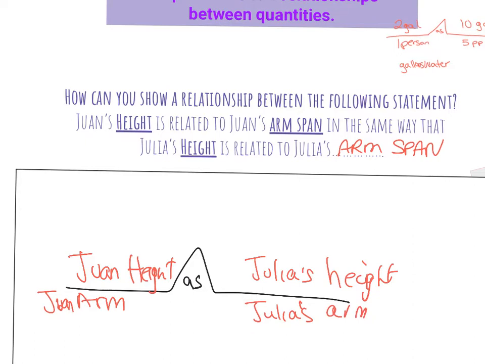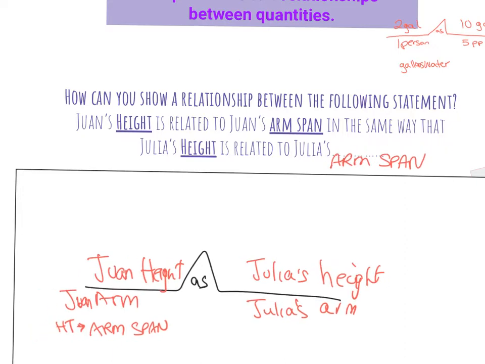And the relating factor is height is related to arm span. Okay? Now, this is the visible thinking way of doing it.